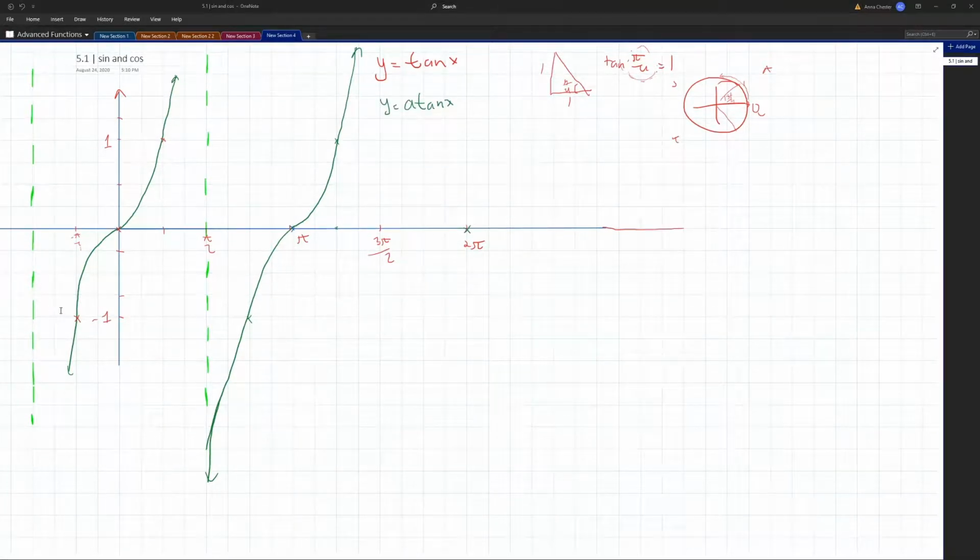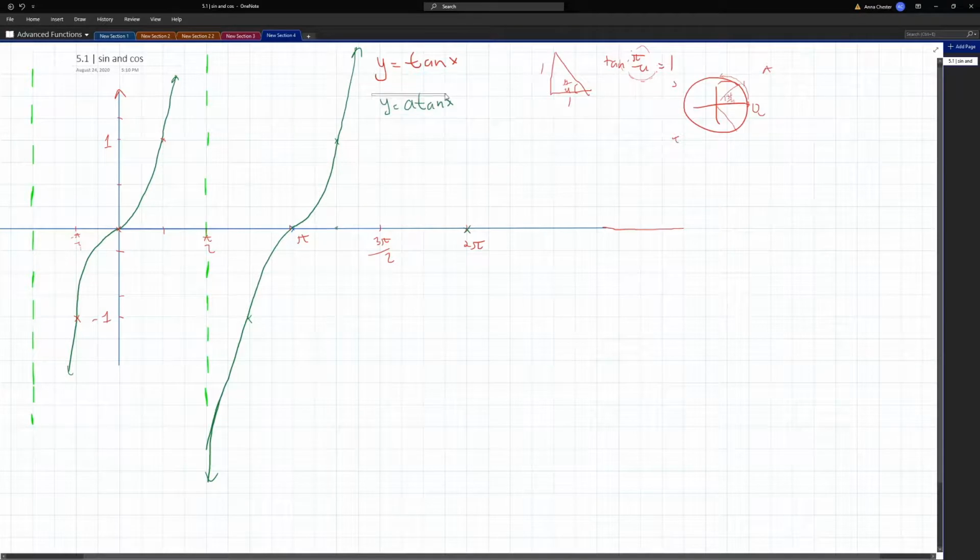Another thing we know is that, again, we could apply each of the transformations we've learned before to this function. It'll just be a little bit more difficult for you. For example, if we had y equals tan of x minus pi over 2. Well, that means we just moved everything to where it wasn't defined, right?